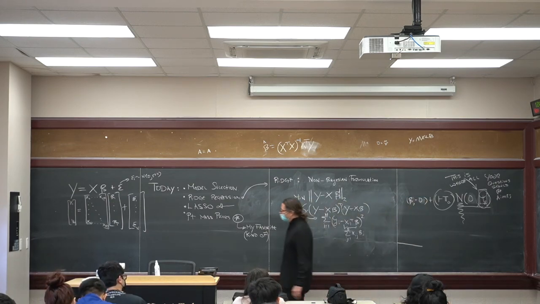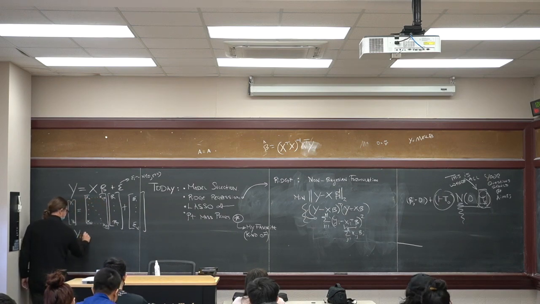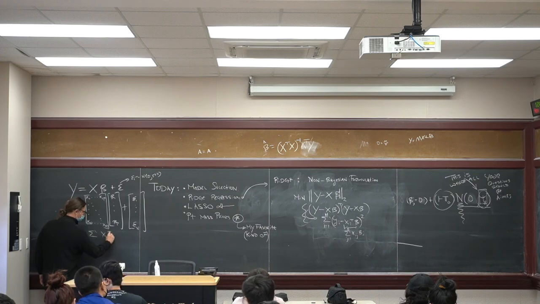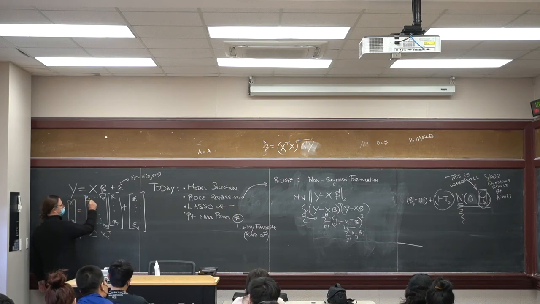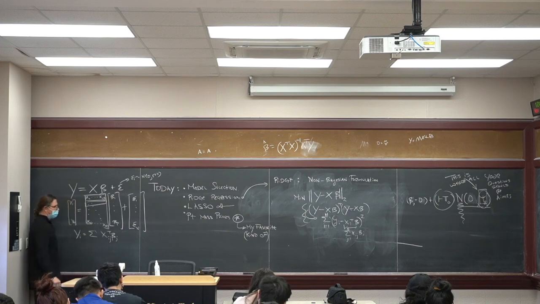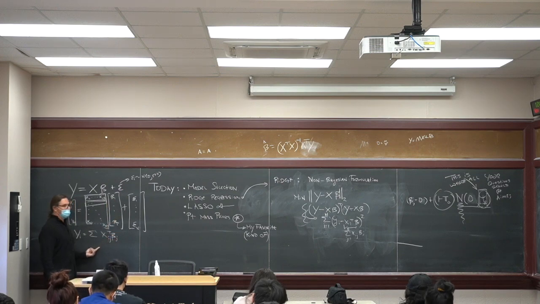So this model can be written out as yi equals the sum of xi transpose beta. What that is right here is just these columns, and I'm multiplying them by these beta j's, so this one times all of that, and I'm adding it all up.